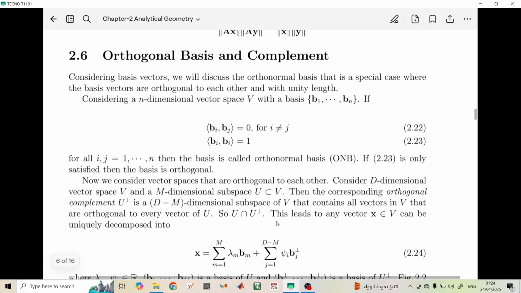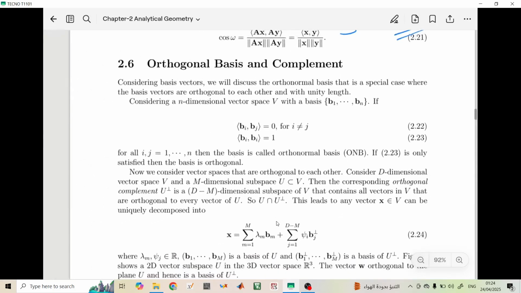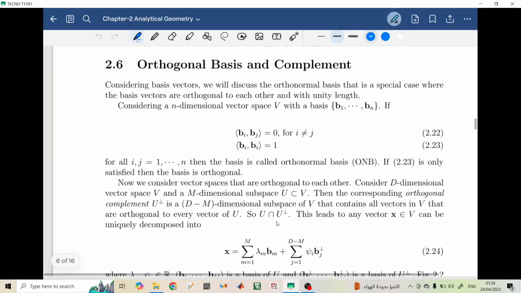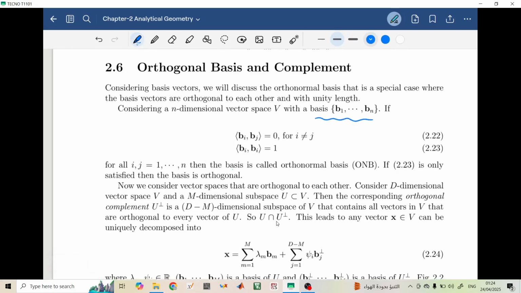We'll talk about orthogonal bases and complements. A basis set, or a set of basis vectors like this one, is called orthogonal if the inner product of any two basis vectors equals 0 if they are different from each other.